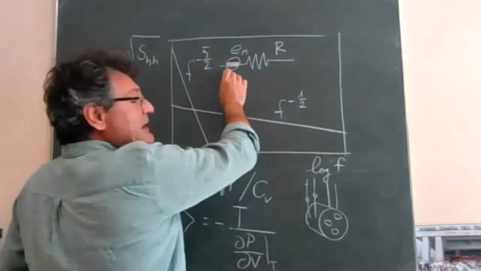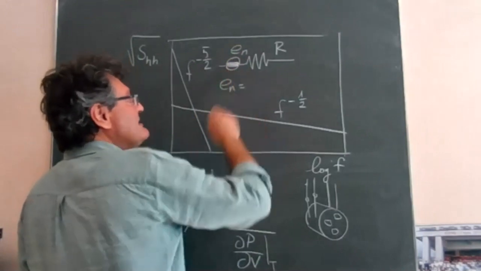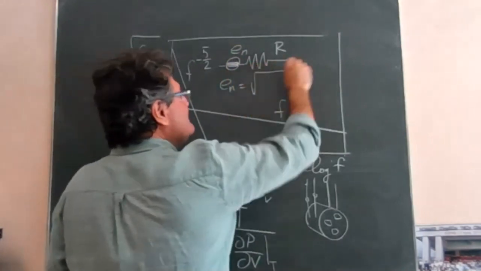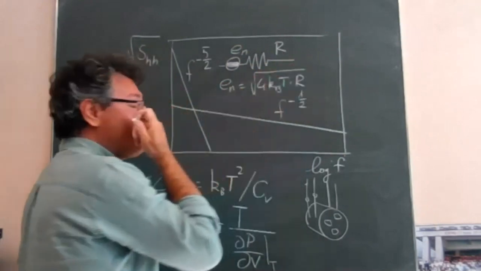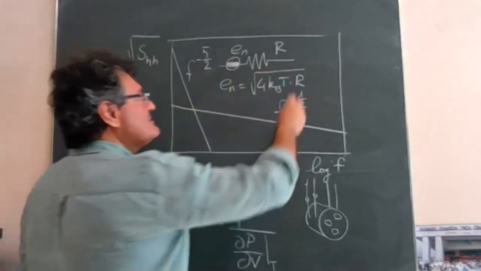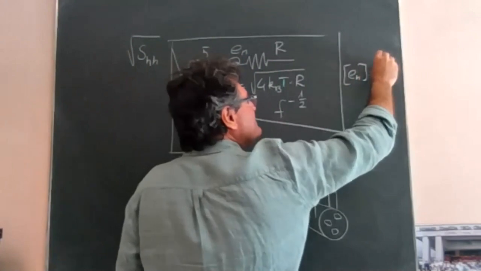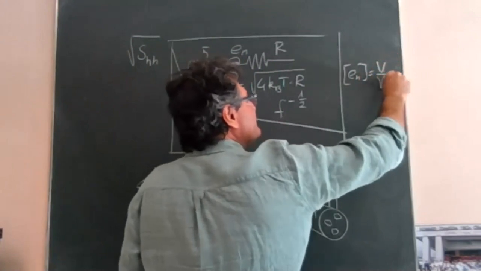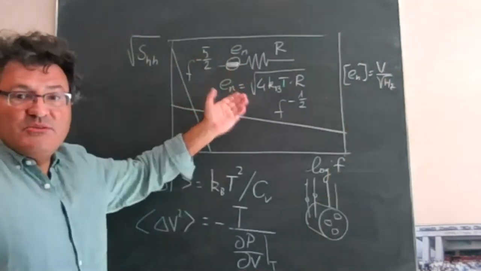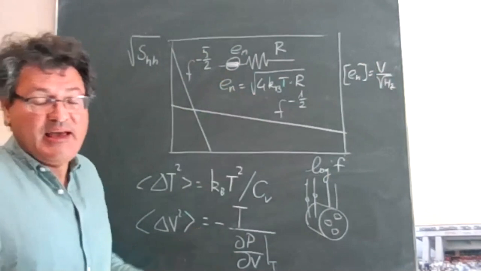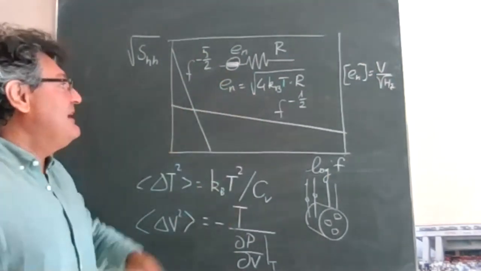The amplitude of this generator is easy: it's the square root of 4 k_B T times R. So the dimension of E_n is volt per square root of hertz. This is called the Johnson-Nyquist expression of thermal noise.